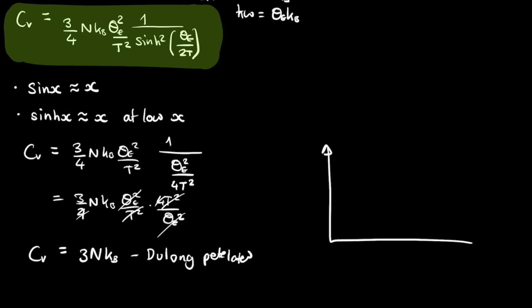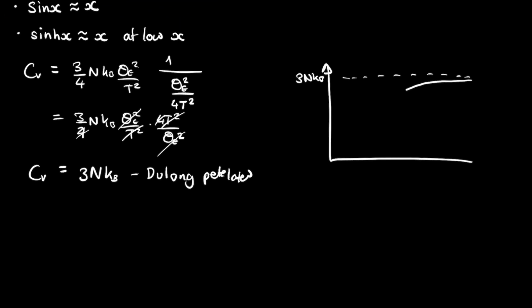The graph said that at very high temperatures right here, this is of course 3 n k_B, which is what the Dulong-Petit law originally proposed. So the Einstein model works very well with high temperatures. So that's brilliant. What about at low temperatures?